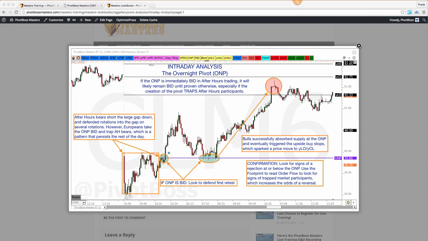So price goes immediately bid off the pivot, right? And when price goes bid here, the next rotation should also be defended. And it was, but it took several different rotations before it was finally defended and price rallies back toward the previous close. Now on these rotations here, it is very important. Again, if you pop up a footprint chart, you're able to then look to see, is that a large sell imbalance right there?